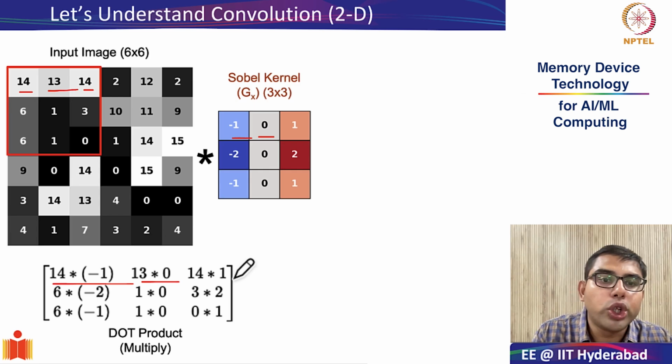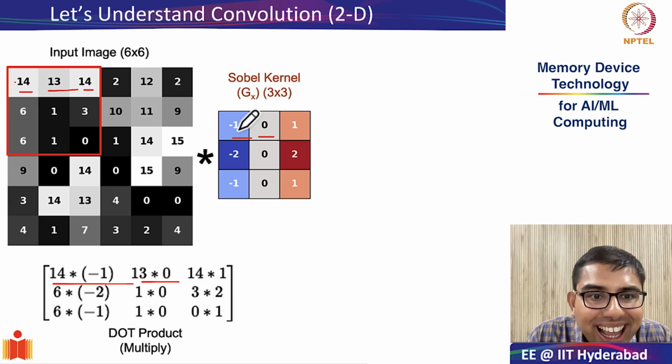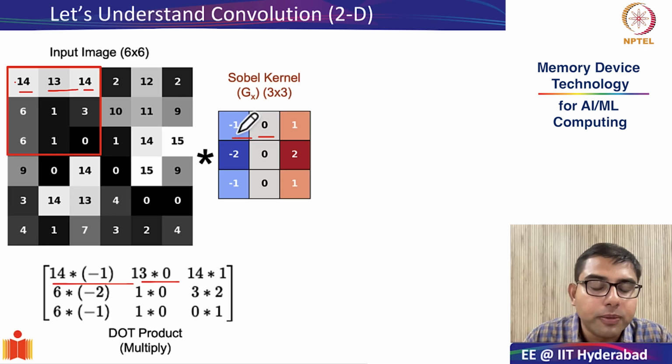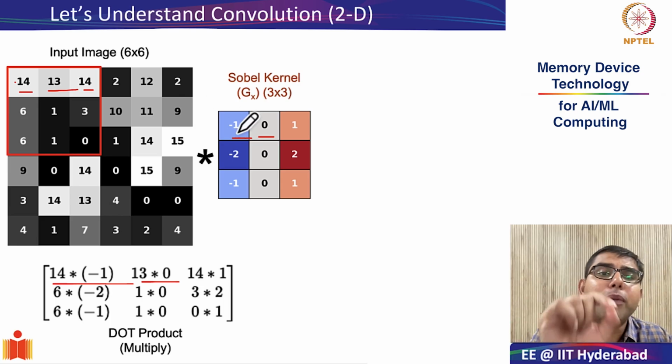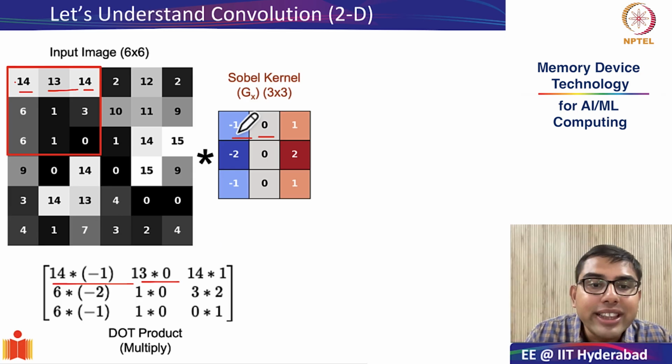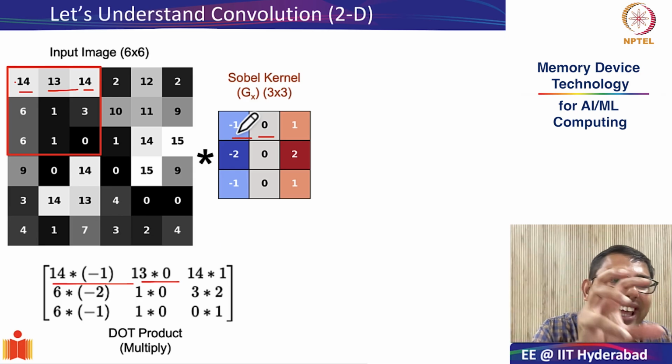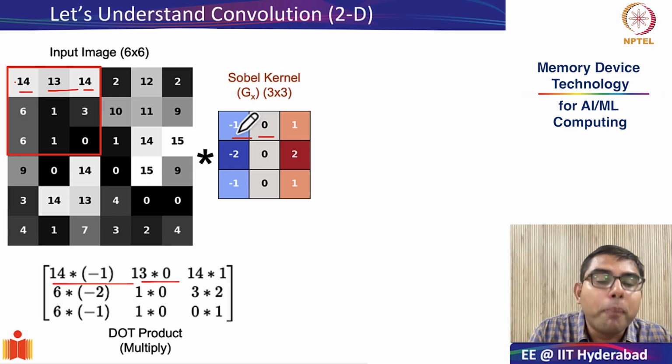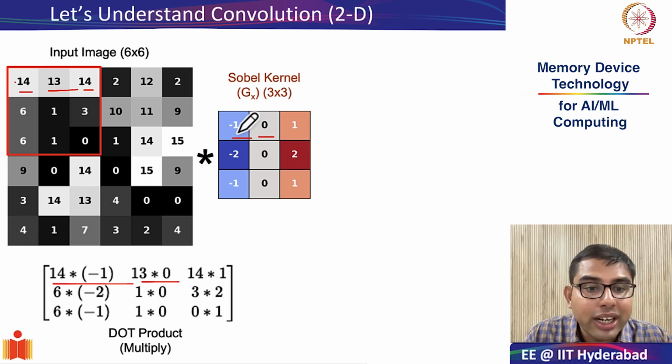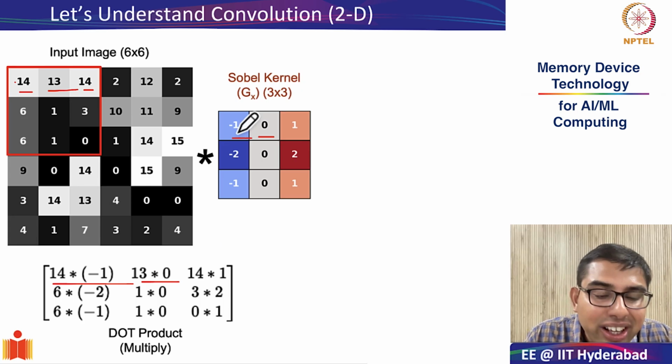So first you multiply the value of the pixel of the input image with the corresponding value in the kernel. And you do this element by element for all the pixels within that area of interest, which I have put a red box around. Next, what was the third step?